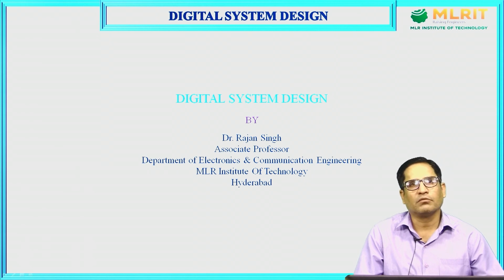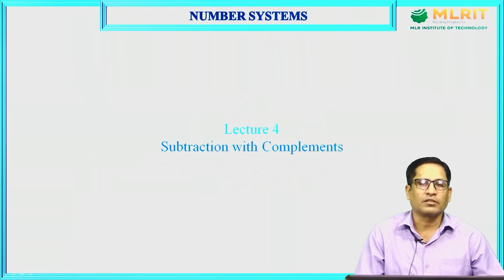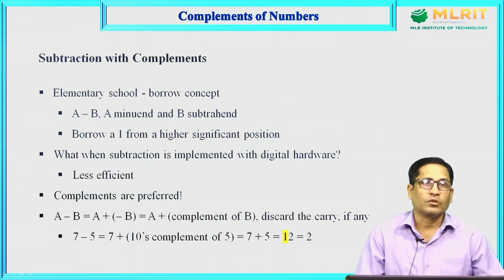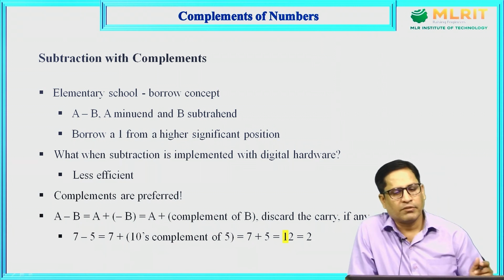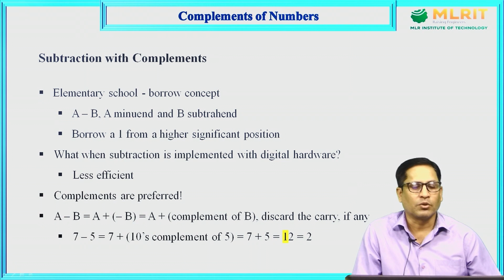Now in this lecture we are going to discuss how complements are used to perform the subtraction process in the context of digital computer systems. That means how subtraction is done using complements, R's complement as well as R minus 1's complement. We are very familiar with subtraction using the borrow concept.